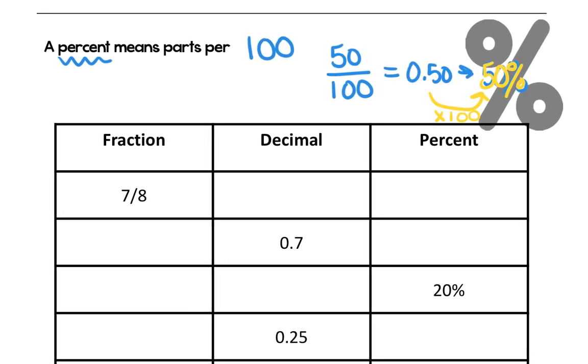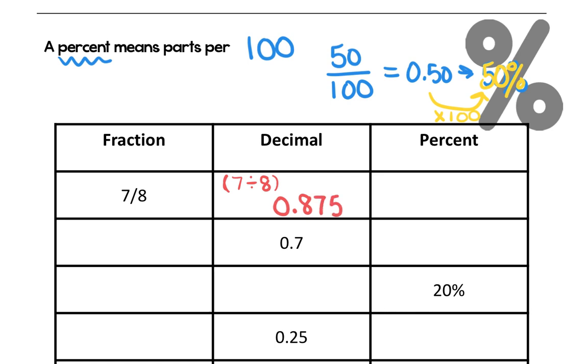We have a fraction, decimal, and percent. We're going to make equivalents across this chart. So we're going to start with the fraction 7/8. To get it to a decimal, we are going to divide. I'm just going to write this out so you can see what I'm doing in my calculator. You don't have to write this step if you don't want to. 7 divided by 8, and in my calculator it gives me 0.875.